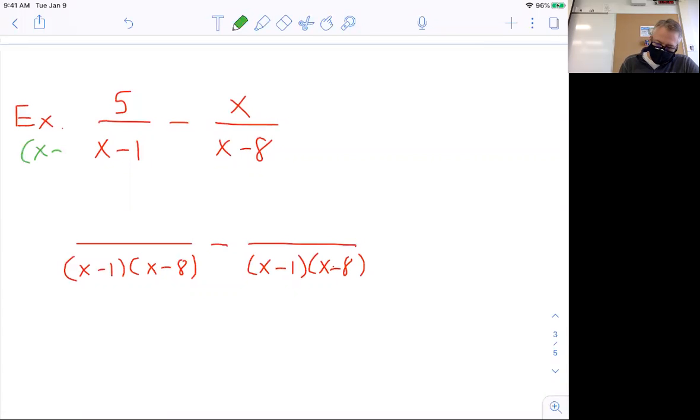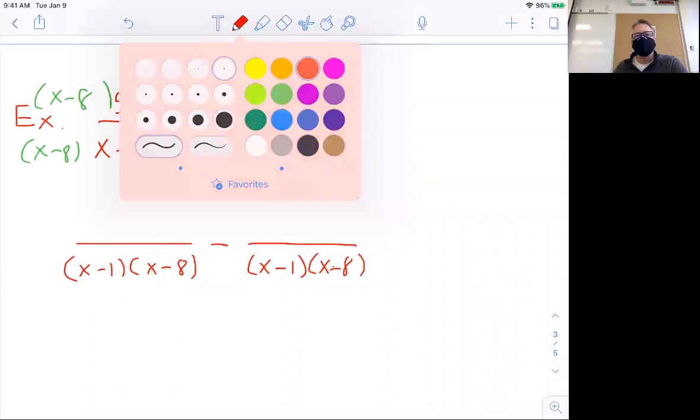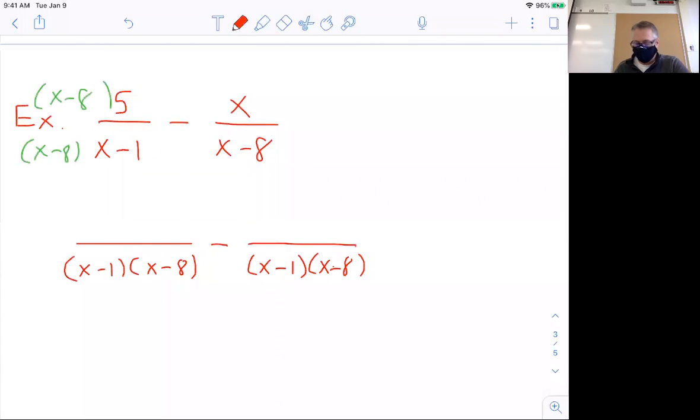So on the left side, we're multiplying the top and bottom by x minus 8. So when I distribute the 5, I get 5x minus 40 on the top left.